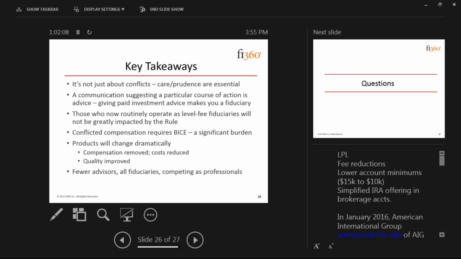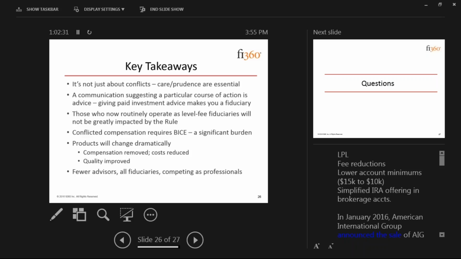I do believe the products will change. Compensation removed in some cases. I've heard mutual fund companies talking about removing the 12B1 fees because they're concerned that advisors are going to avoid them because of the potential of non-level comp and the complications that's going to cause. So the products will be impacted.